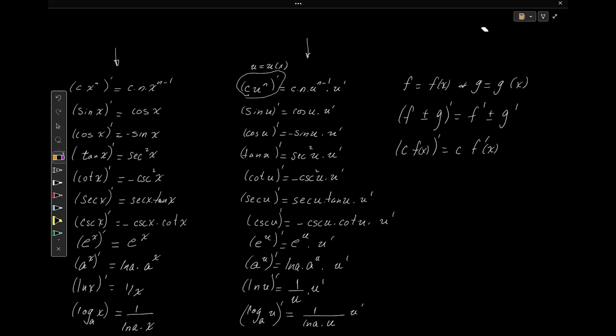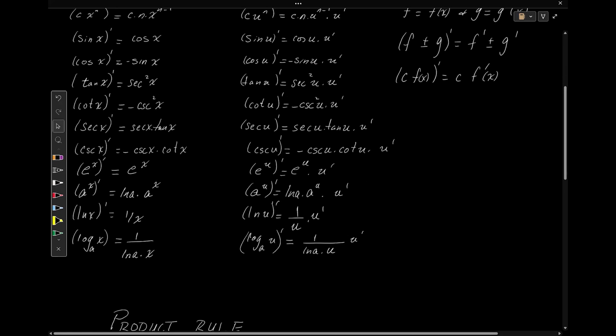This is the generalized power rule. And then the rest are extremely obvious. Either a sine or a cosine or a tangent, they're distinct. There's no confusion. If you see a secant, you will not go to the table and take the derivative using the sine. You'll do it using the secant.